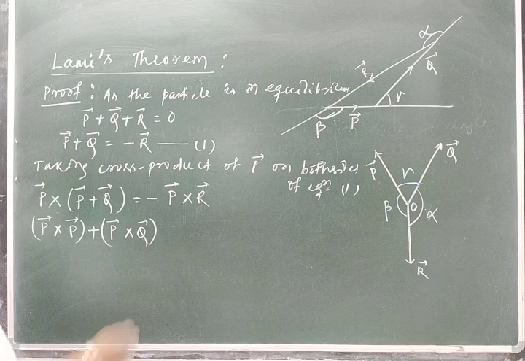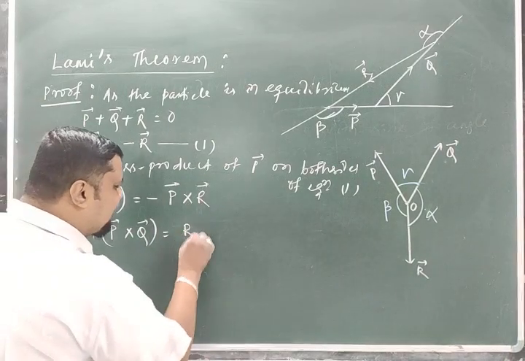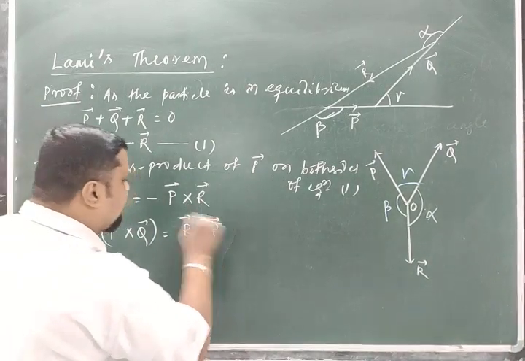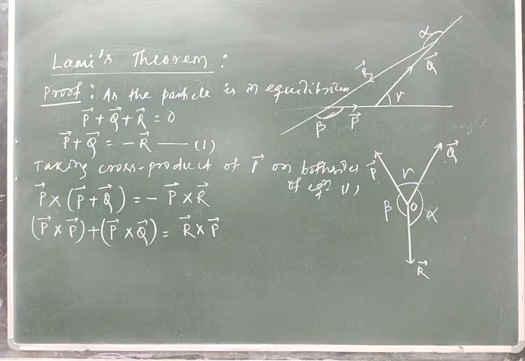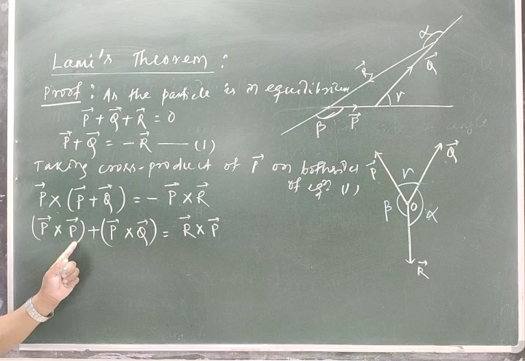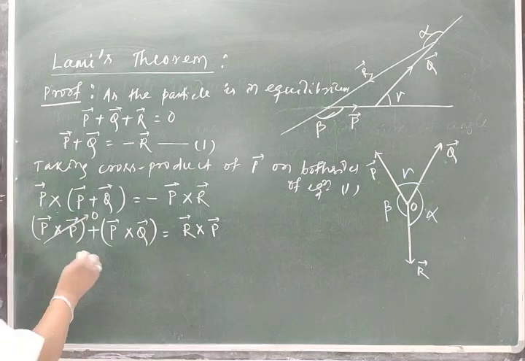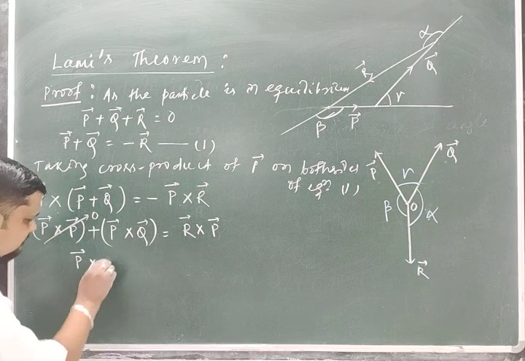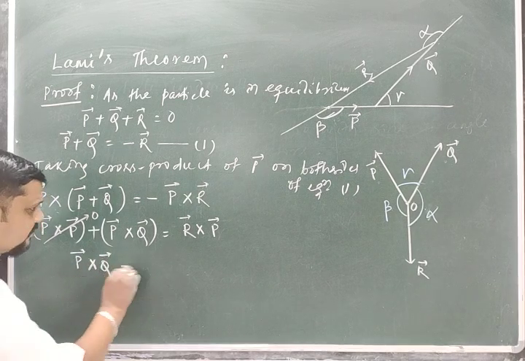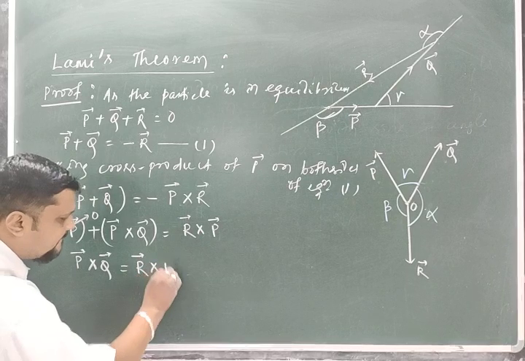P cross Q is equal to R cross P minus P cross R. Then what is P cross P? The cross product of equal vectors is 0. So we got P cross Q is equal to R cross P.